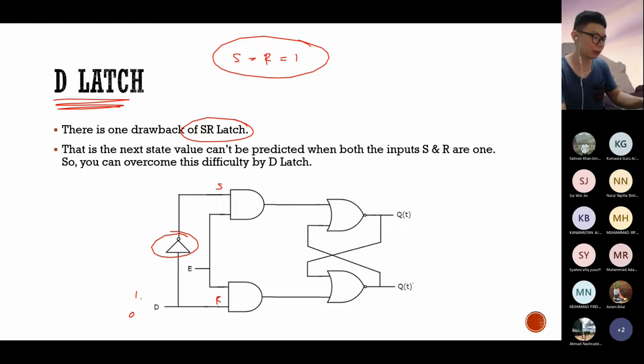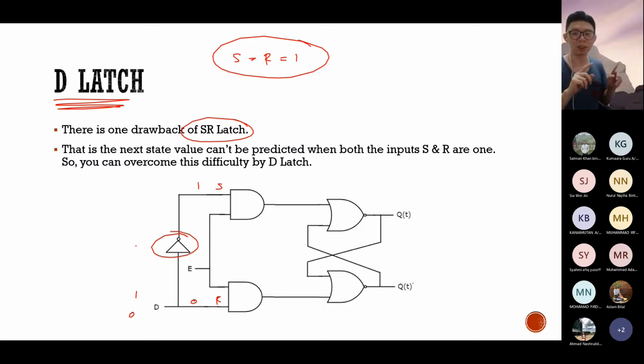If D is equal to 1, then you get a value of 1 over here, but this 1 will be inverted and you get a value of 0 over here. That's true the other way around as well. If you put a value of 0 over here, you get 0 here, and you get 1 here.